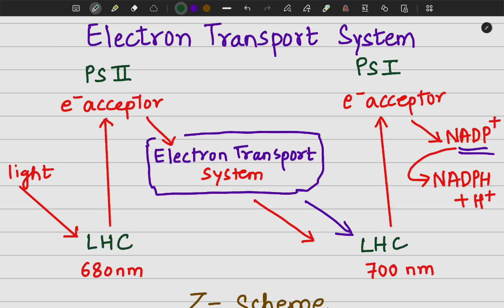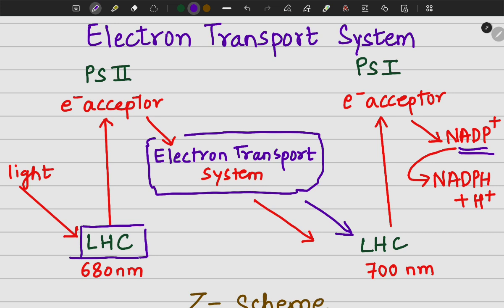by reduction. So there must be a scarcity or non-availability of electrons in the light harvesting complex of photosystem 2 because all the electrons that were excited traveled towards the electron acceptor and through the electron transport system they reached the photosystem 1.